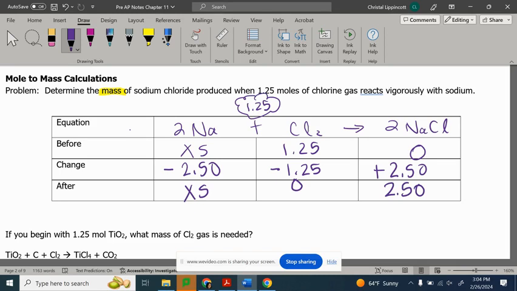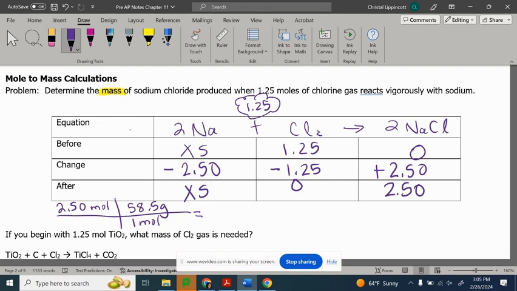All right. They wanted to know the mass. This is not mass. This is moles, because it's a hole, and that's the only thing that can go in there, right? Okay. So we've got to convert this into mass. Now you can go back to chapter 10 and remember how to convert moles to mass by using dimensional analysis. I got this value from the periodic table. Okay. And you can solve that way.